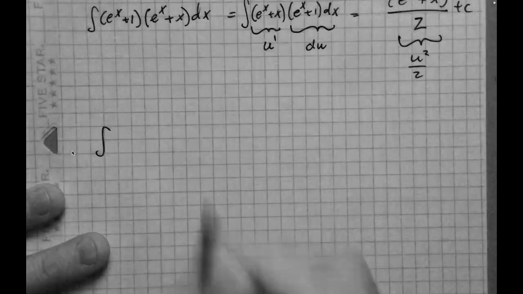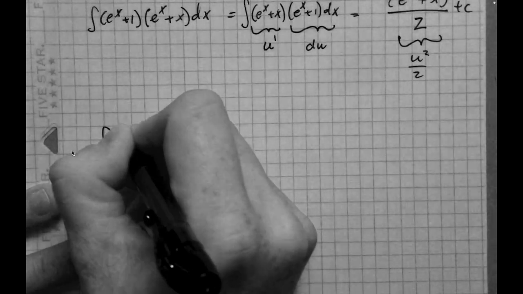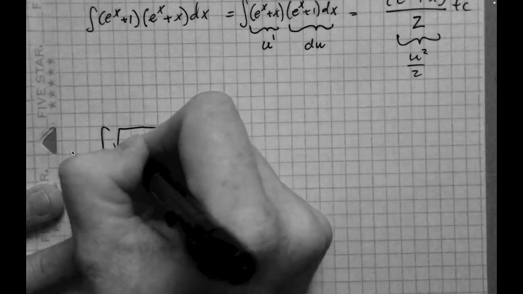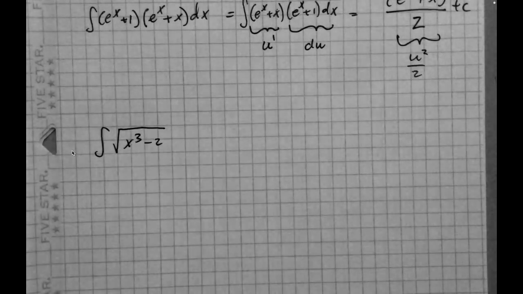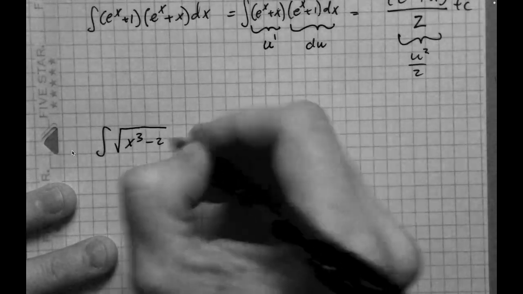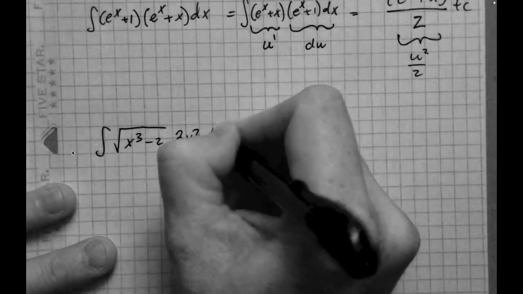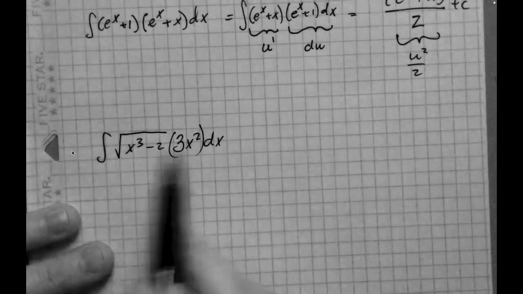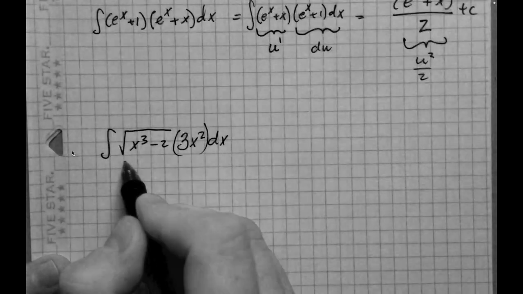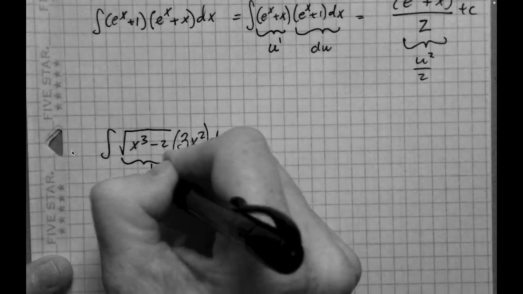Another example, how about the square root of x cubed minus 2 times 3x squared dx. Okay, so something like this. This here would be like u to the 1/2.